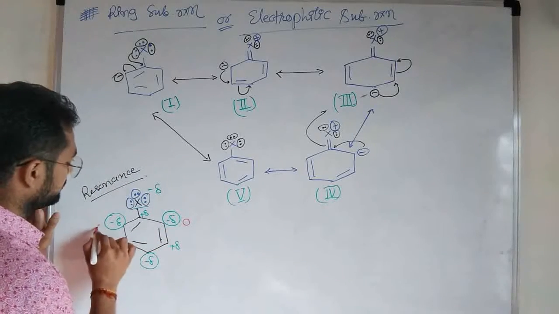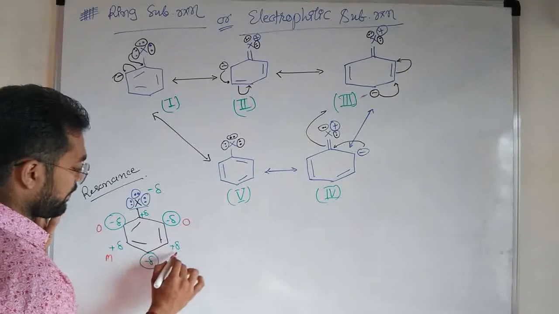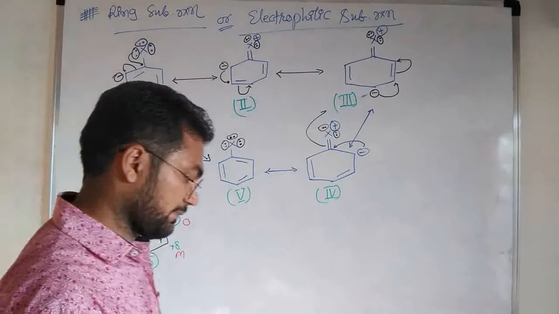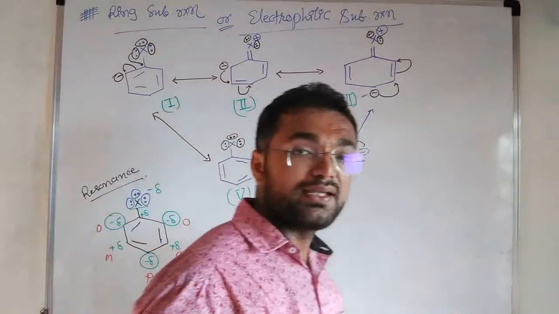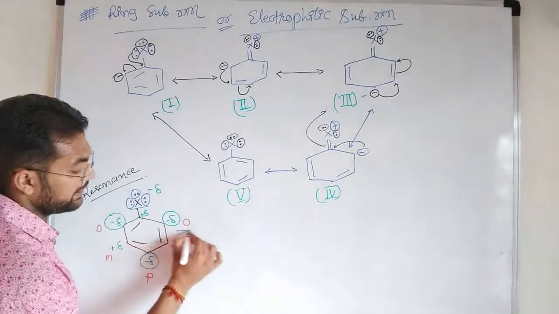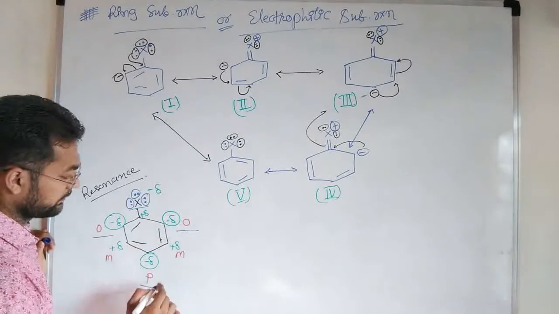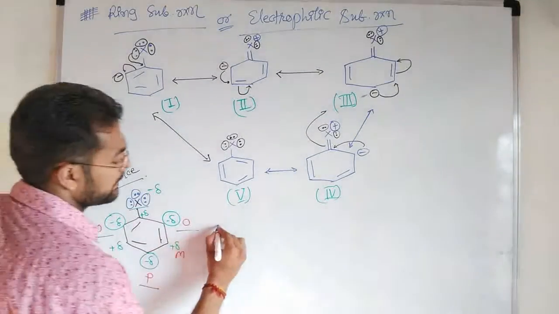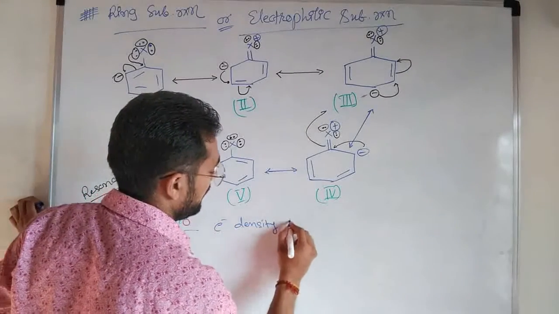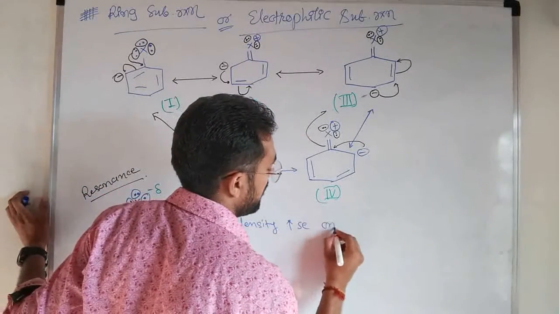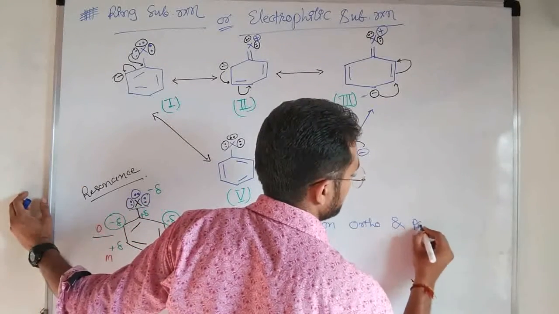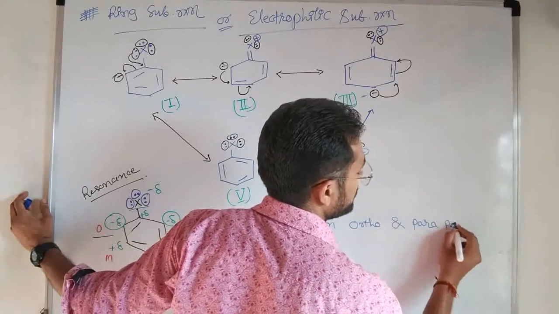Ortho position, meta, para position. Electron density. Now, what is the logic behind this? Electron density increases on ortho and para position.